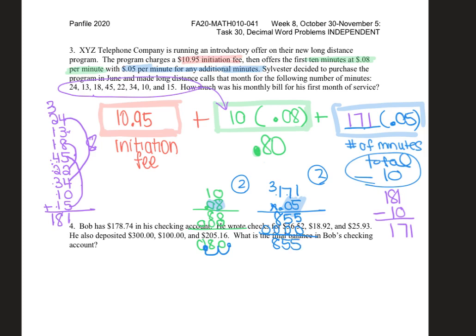I'm moving the decimal 2 places in, so I get 8.55. So basically I'm adding up these 3 things, and I'm sorry guys, I really ran out of room on this one. I wrote my first thing too big, but I have 10.95 plus 0.80 for those first 10 minutes, and then plus 8.55 for all the other minutes.